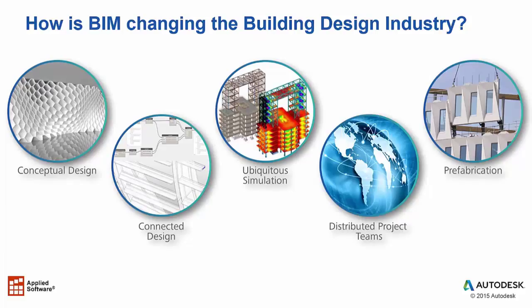Project teams are becoming more spread out, in different cities, different parts of the country, even different parts of the world. And they need a way to collaborate together. And of course, prefabrication. So BIM is driving the ability to manufacture certain parts of the building that are a little bit more complex back in the shop, and then of course ship them to the site and assemble them together.